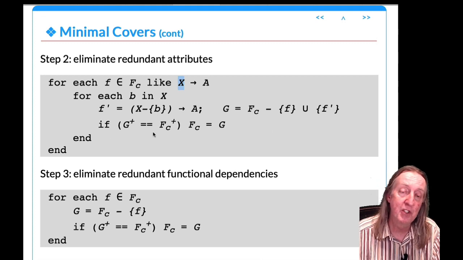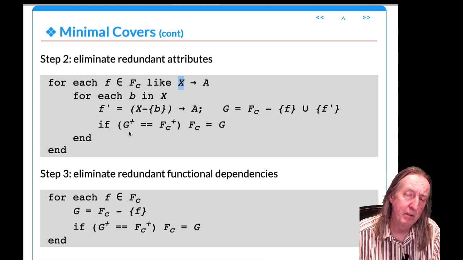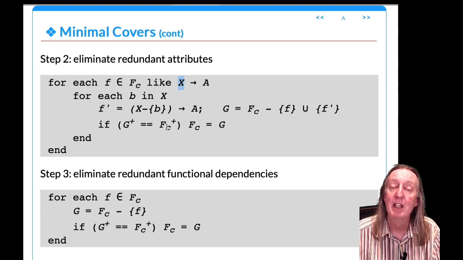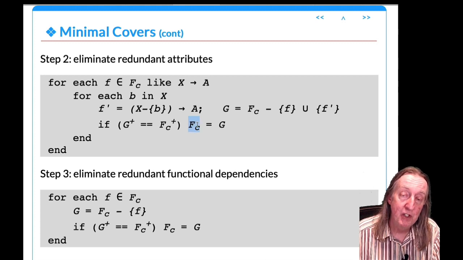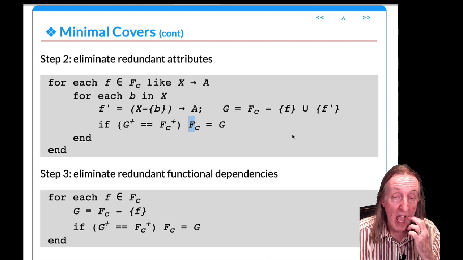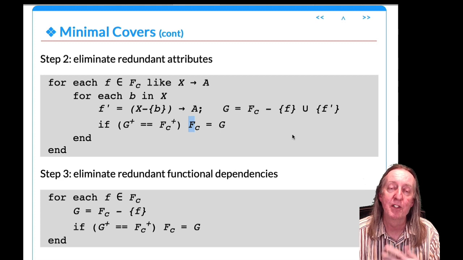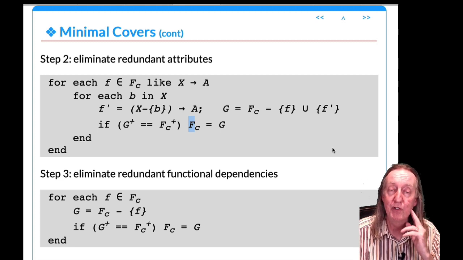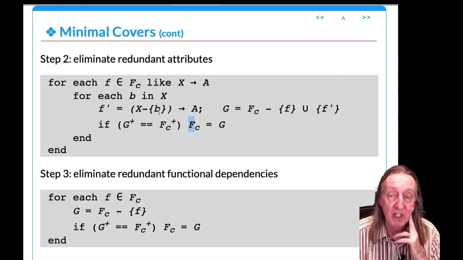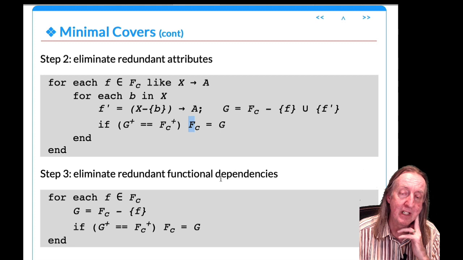And then we do the check. So G is the new set. So we see if G is equivalent to the current set of functional dependencies. And if it is, G becomes the new minimal cover. And so FC is gradually reduced and reduced and reduced as far as possible, as far as we can eliminate redundant attributes.